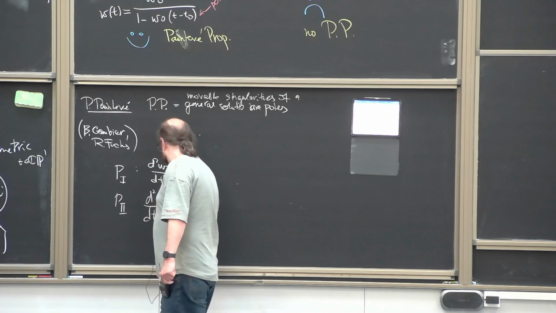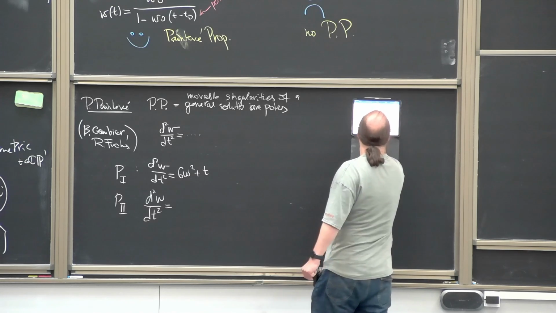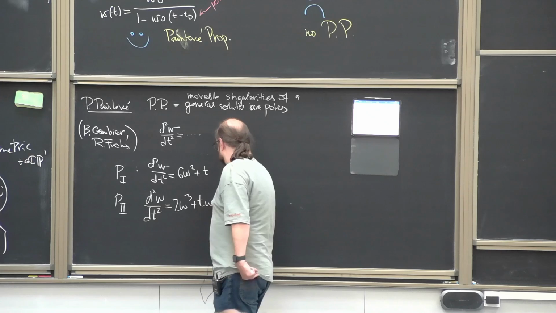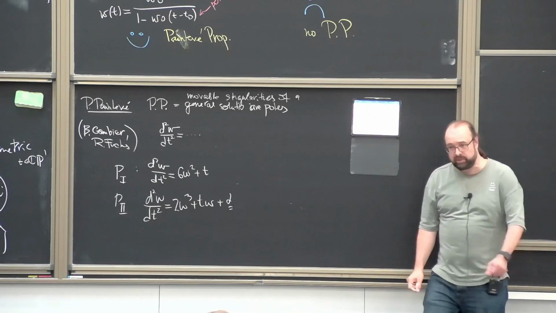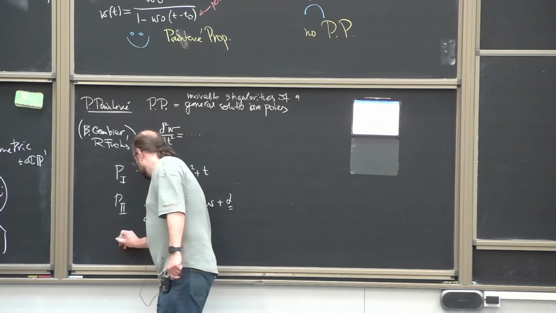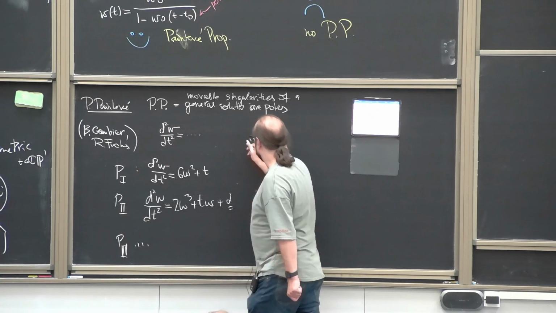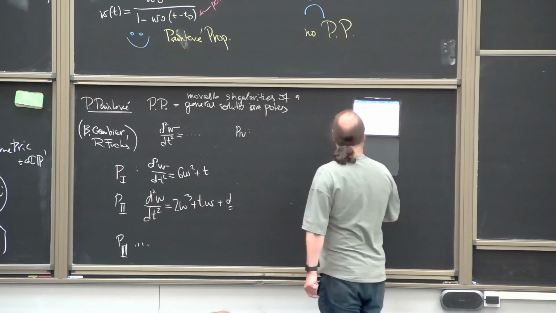d2w dt square is... and what's interesting here, you see that there is a parameter alpha appearing, and you have Painlevé-III, and I don't want to write it. And then you have Painlevé-IV, and that one I will write.